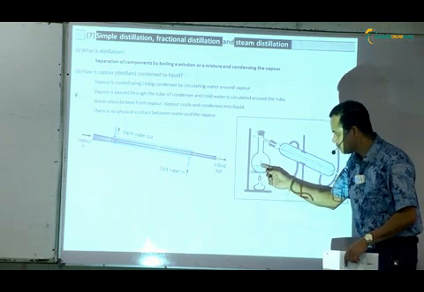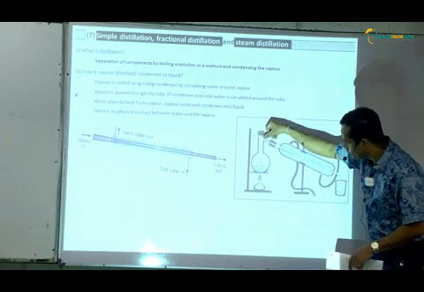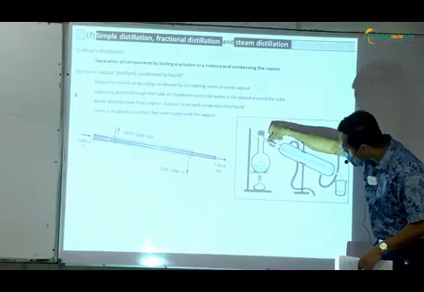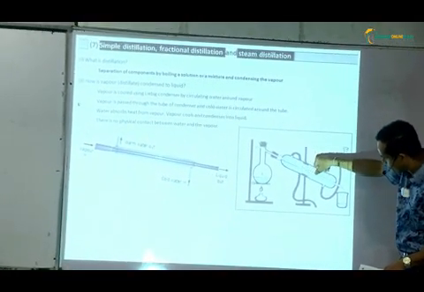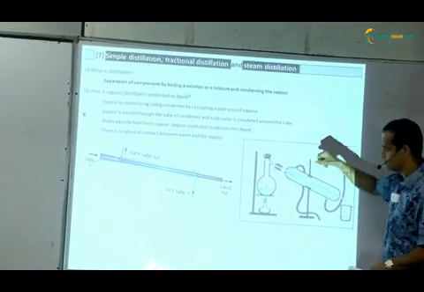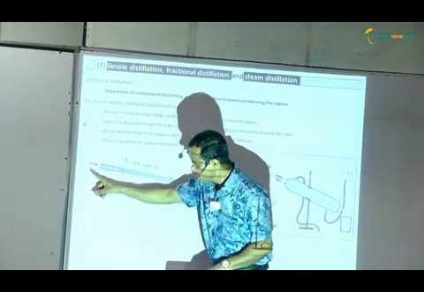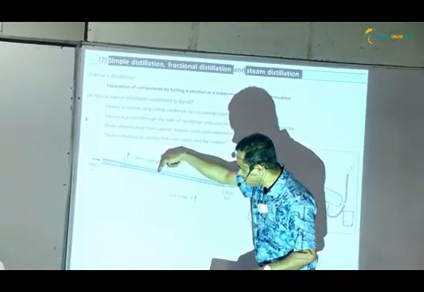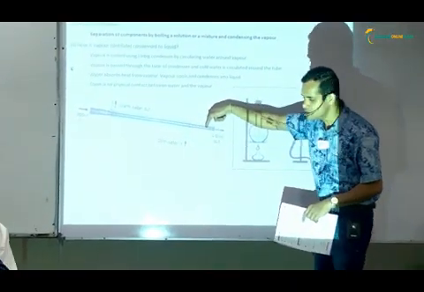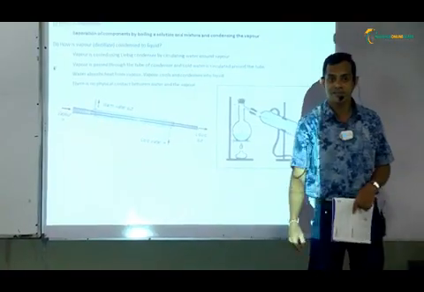So when we heat, volatile compounds evaporate. The vapor has to go through this inner tube in the condenser. Look at that inner tube. Vapor is given in from this end, going through this inner tube.